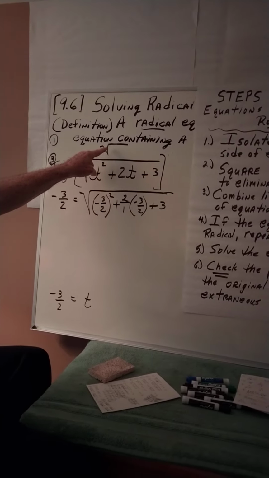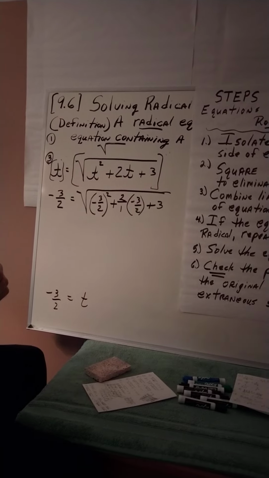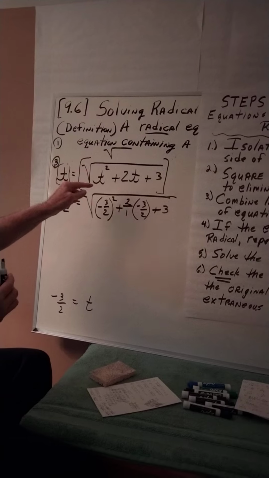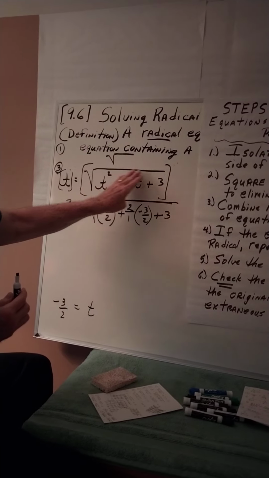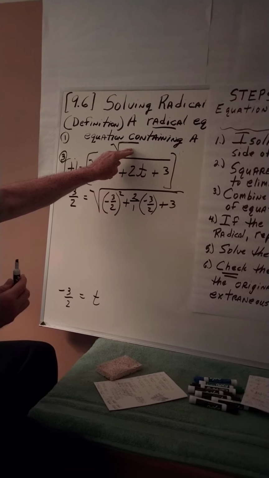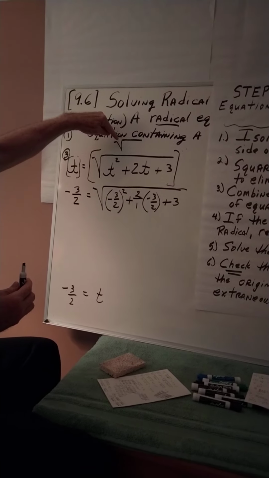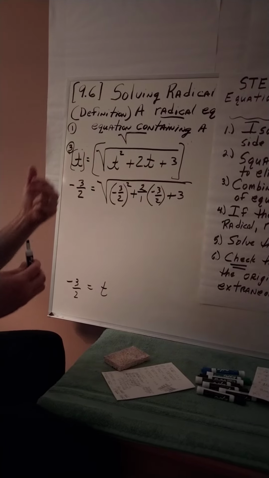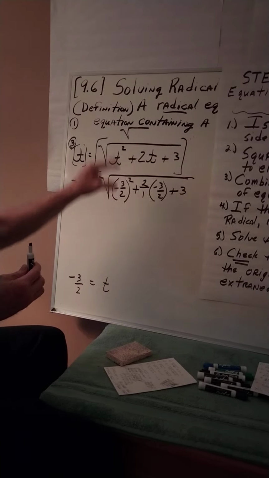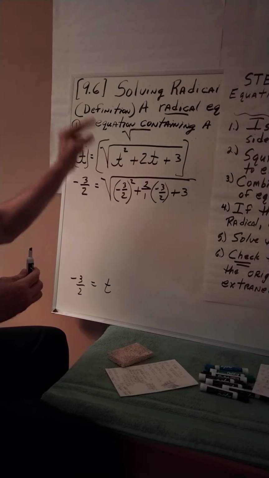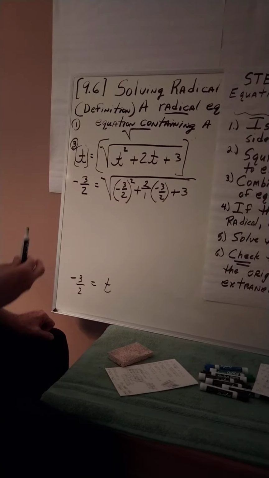The literal meaning of that symbol is the positive square root of. That means anything underneath that radical sign, if the index is square root, then that radical sign stands for the positive square root. That means the answer to all of this has to be positive.